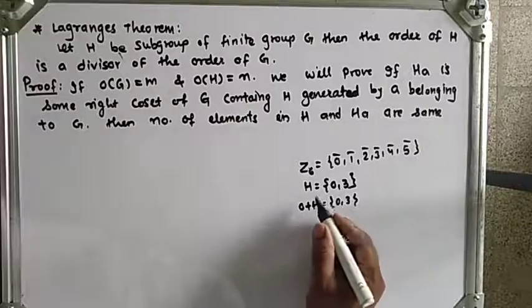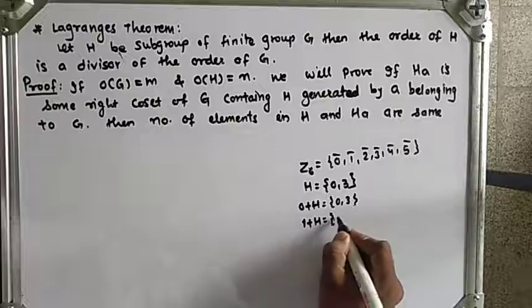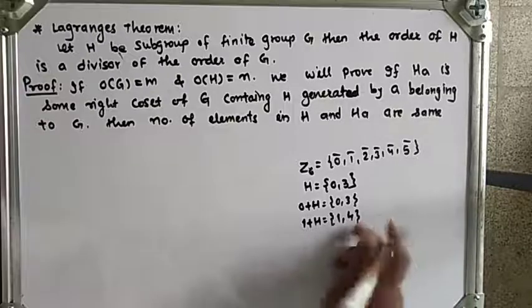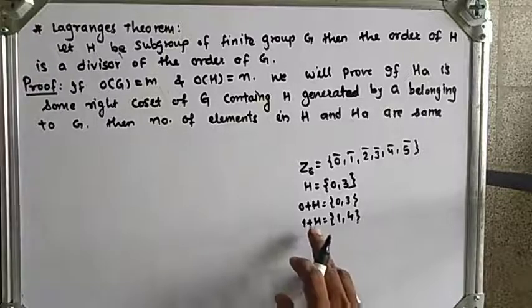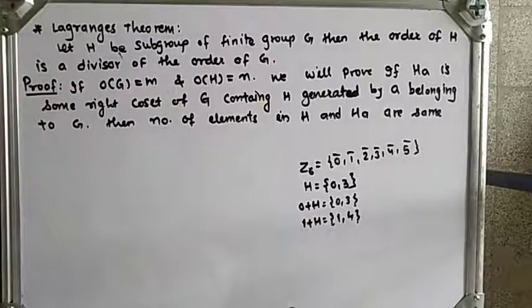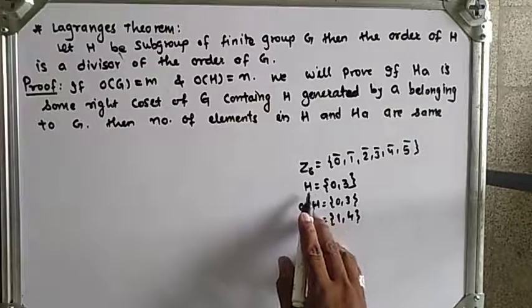If I take the left coset containing 1, then 1 plus H has elements 1, 4, so again 2 elements. Here the operation is addition; if the operation is multiplication, I will write multiplication. So the number of elements in 0 plus H is the same as the number of elements in H.